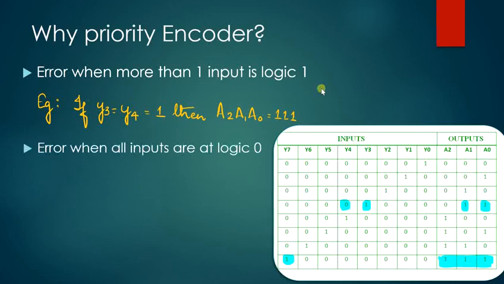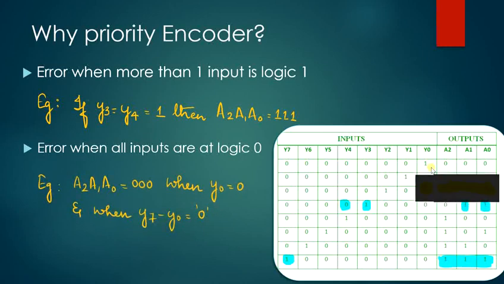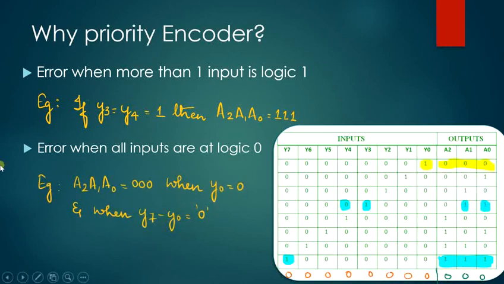You can see that the output will be all 0, 0, 0 when all the inputs are logic 0, as well as when y0 is equal to logic 1. Let me explain that with a highlight. In this case, when y0 is equal to 1, output is all 0, 0, 0.